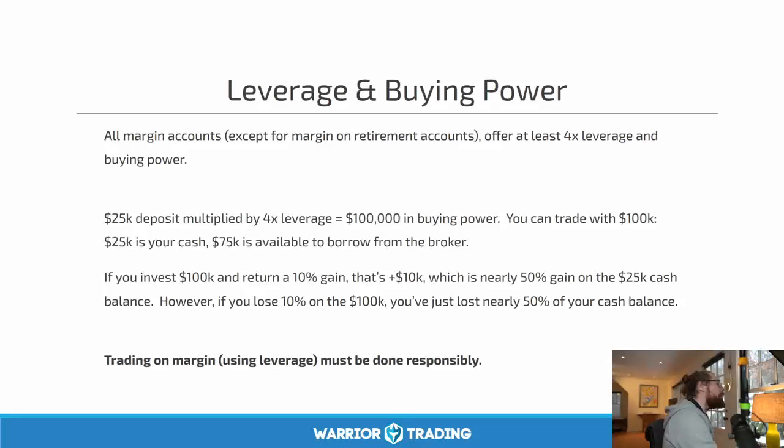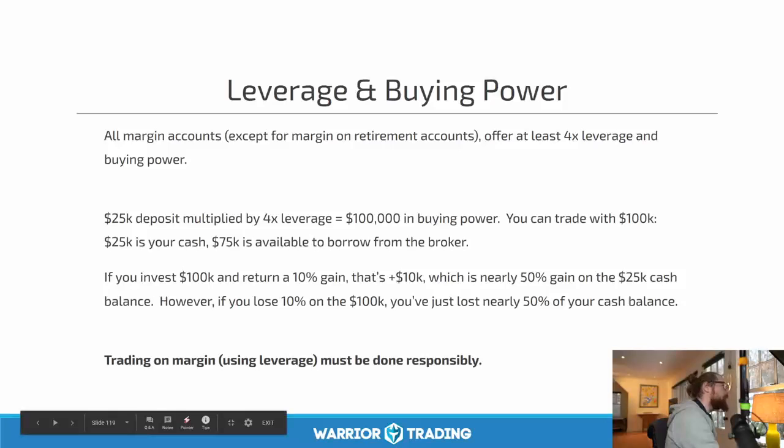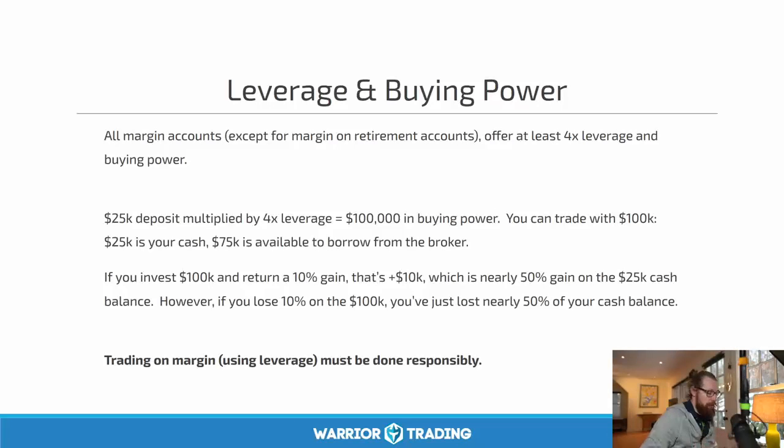So all margin accounts, when you sign your margin agreement, you are getting 4 times leverage. So that means if you put up $100, they'll give you $300, which means you can really trade with your cash amount times 4. Now, that's important to understand because what it allows you to do, and this is why it's called leverage, let's just think out loud and do the math here.